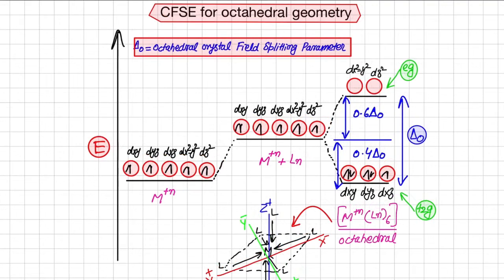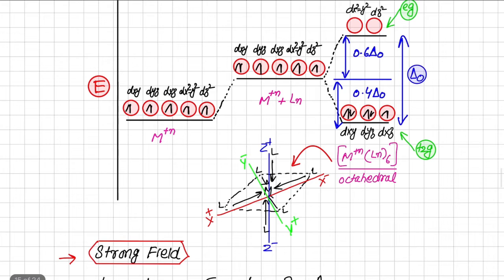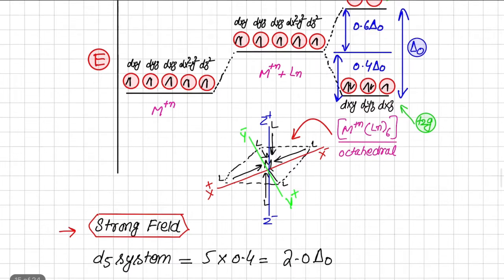Just like the D4 system, the D5 system will also have two cases. The first case will be for strong field ligands such as carbonyl and cyanide. If you see here, there are 5 electrons and these 5 electrons will be placed here. Again, due to the strong field ligand, this gap is so much greater that all these 5 electrons are paired up here.